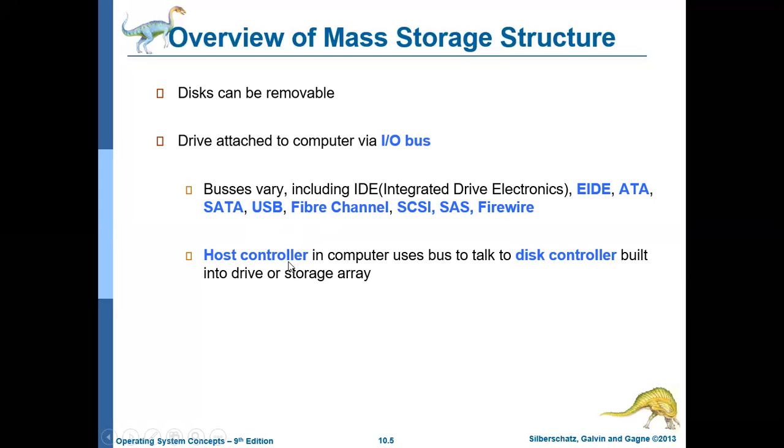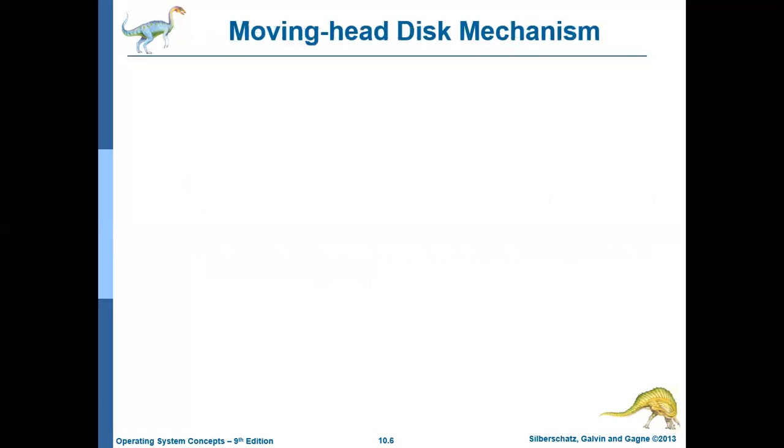The host controller in the computer uses the bus, in the sense the communication channels, to talk with the disk controller. That is how the communication happens between the CPU and the disk drive, and that is how the data also gets transferred from the memory to the disk drive, or from the disk drive to the memory.